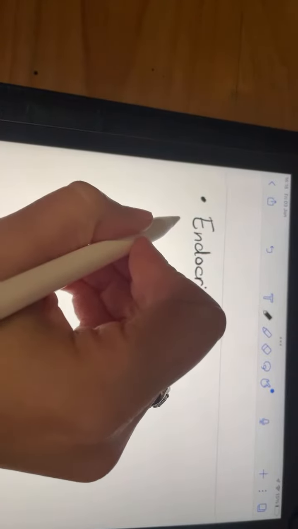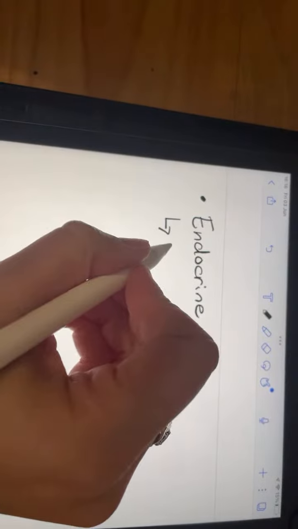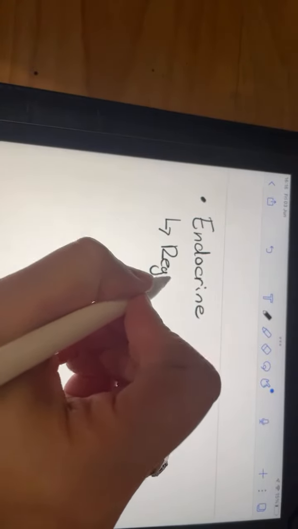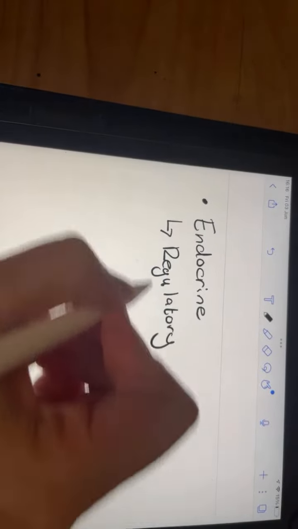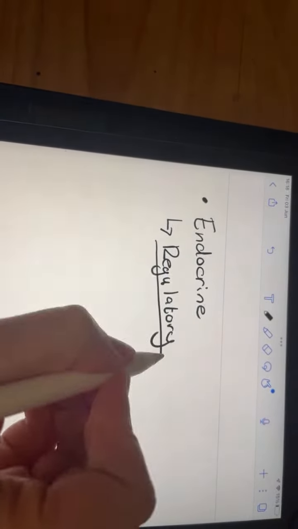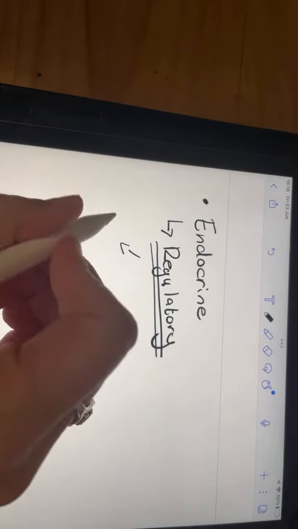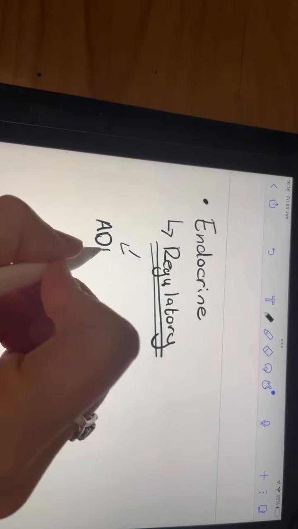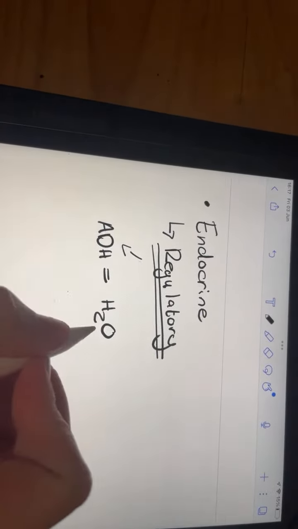Some of the most common questions they're going to ask you are going to be regulatory things. What I mean by that is they like to ask you how you regulate different substances. So you are going to need to know how, for example, ADH regulates water. You need to know that system.